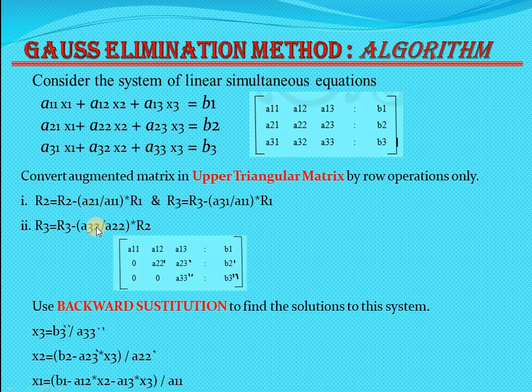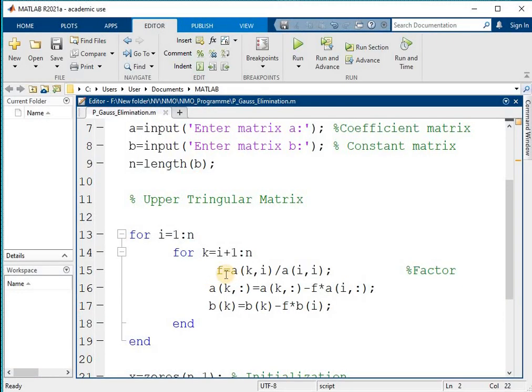So these terms we are going to assign to variable f as the factor. That's why it is written as f = A(k,i)/A(i,i).